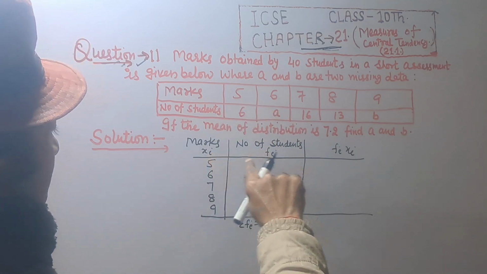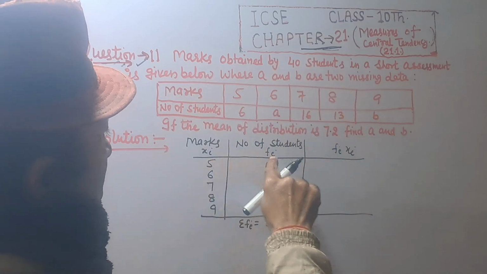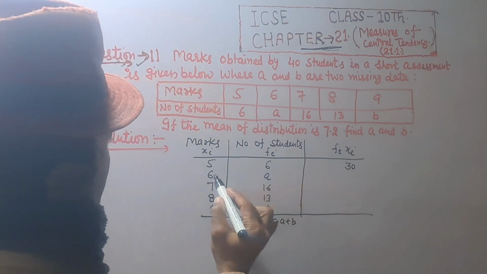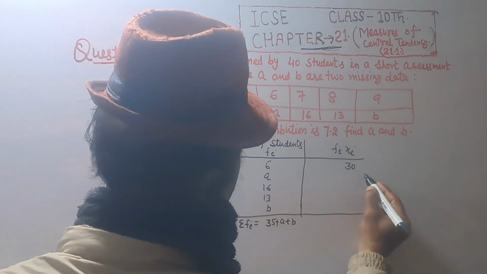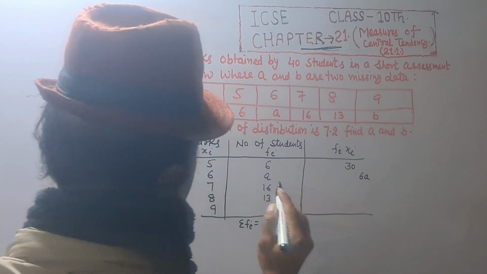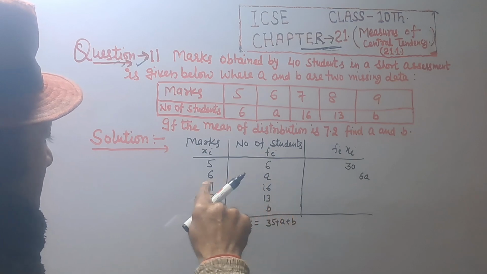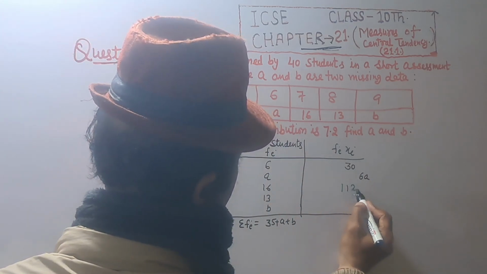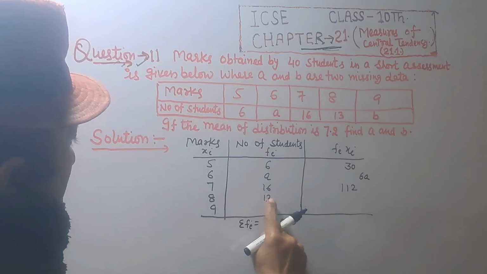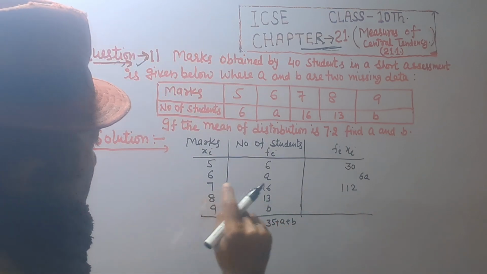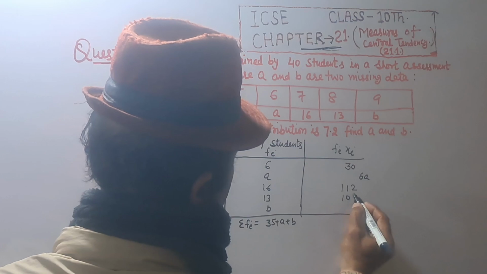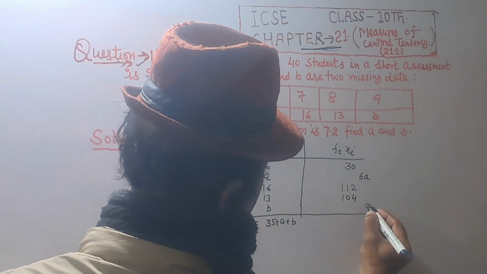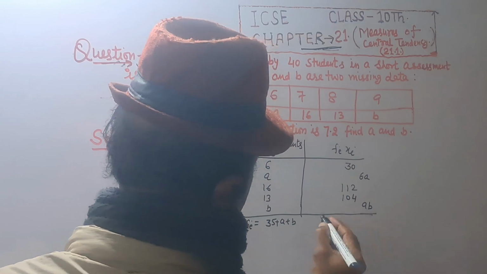And Fi into Xi, that is 5 multiplied by 6 is equal to 30. 6 multiplied by A equal to 6A. 16 into 7, that is equal to 112. 13 into 8, 13 8s are 104. 9 into B, that is equal to 9B.